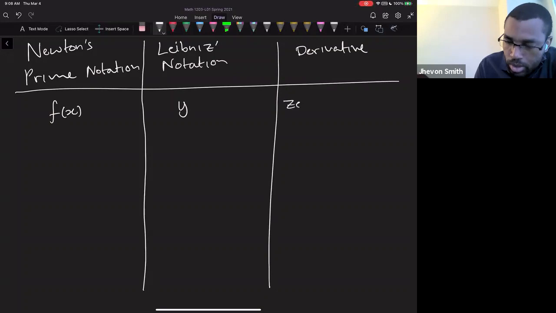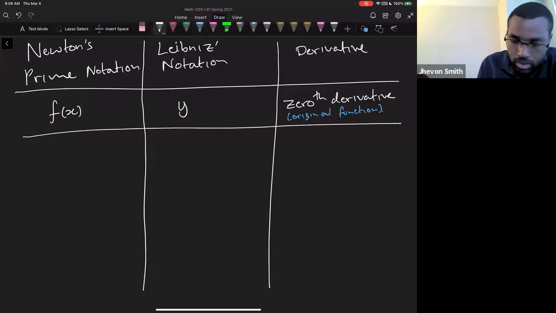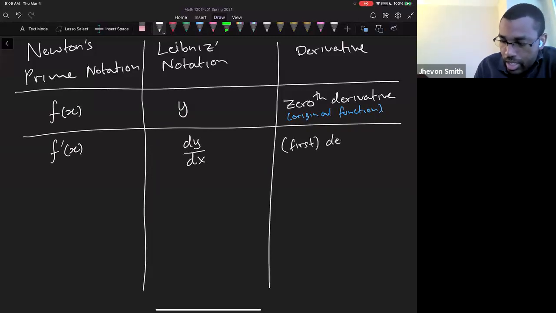This is called the zeroth derivative. So this is the function actually after we've taken zero derivatives. We already know the notation for the first derivative. So this is the first derivative. Or if someone just says derivative, they're talking about the first one.